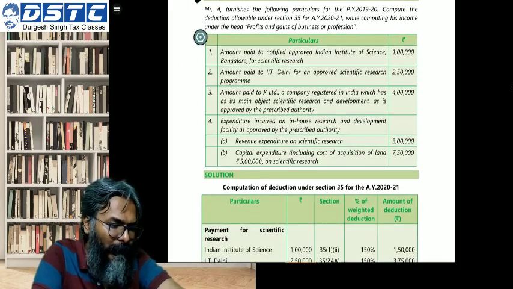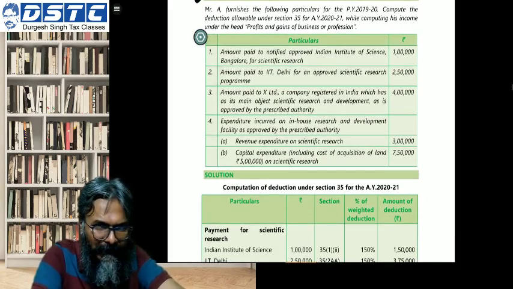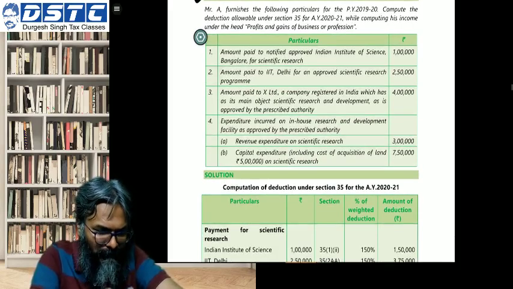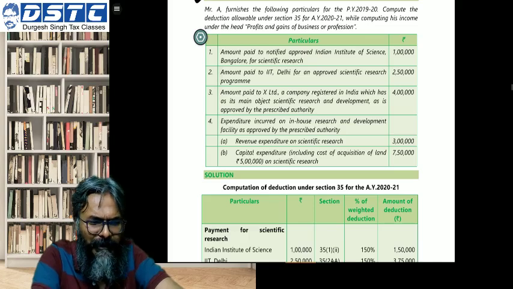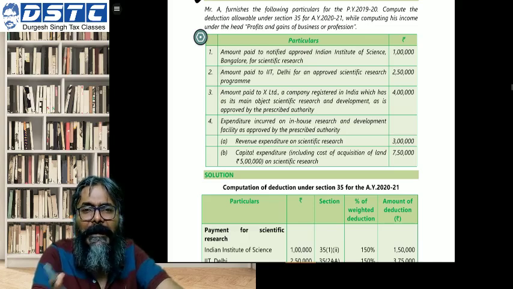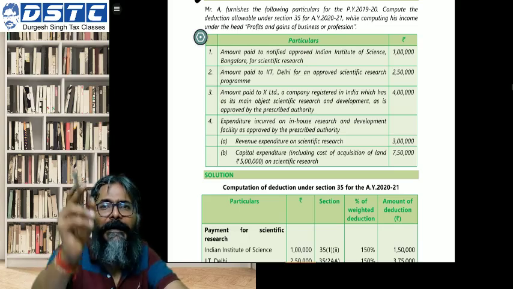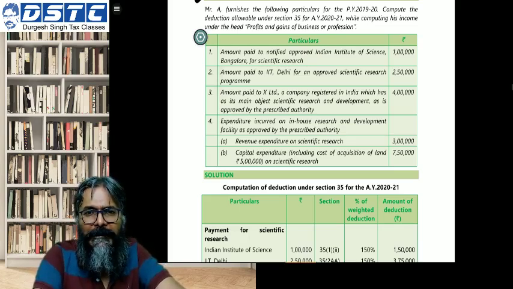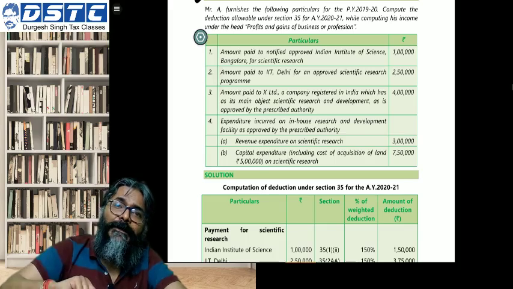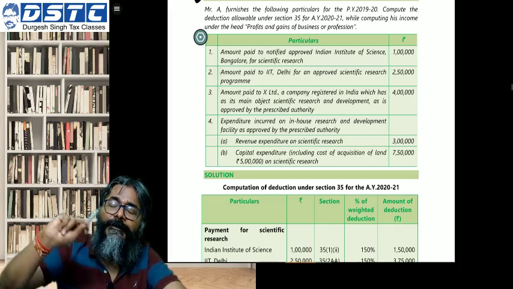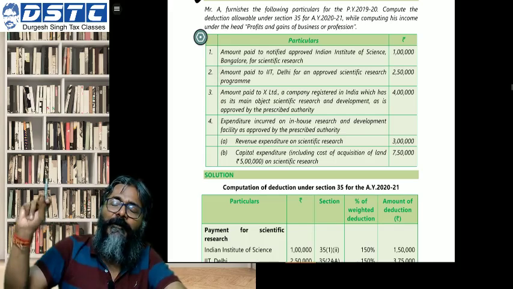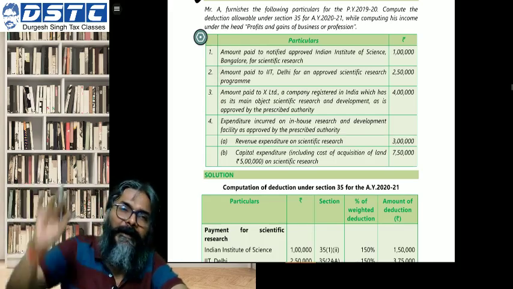So if they are giving you this directly, the IIT or approved Indian Institute of Science, then that is fine. But I told you also, I've seen some of the questions wherein they are not telling you IIT and all. What they are saying is, deduction amount which is contributed to the institute eligible for deduction under section 35(2AA).